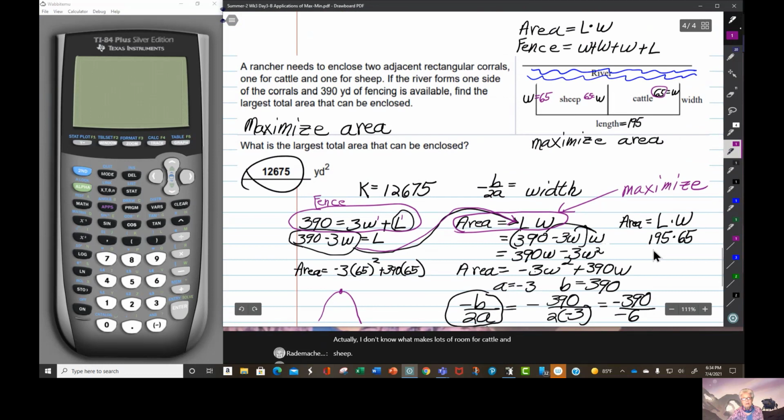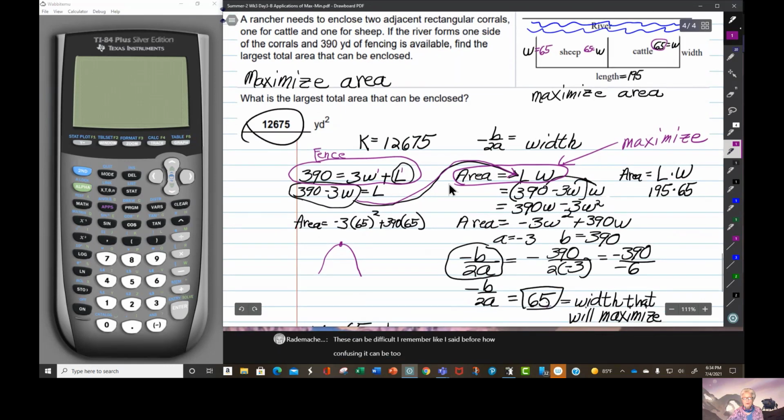These can be difficult. I remember, like I said before, how confusing it can be to work with two formulas and use one for substitution and the other one as the receptacle of the substitution. But with practice, you start getting the idea.